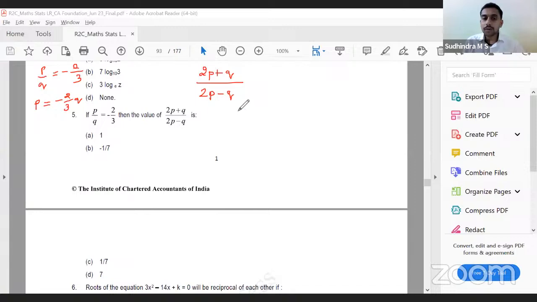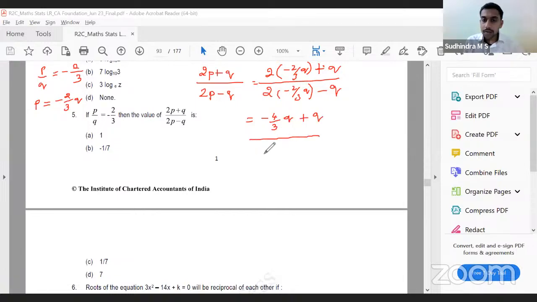Substitute that in this equation. 2 times minus 2 by 3q plus q, divided by 2 times minus 2 by 3q minus q. That is 2 into minus 2 by 3 is minus 4 by 3q plus q, divided by minus 4 by 3q minus q.